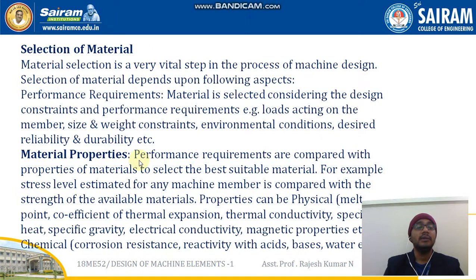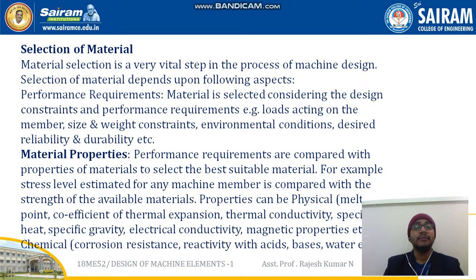The next one is material properties. Along with the selection of material, performance requirements are compared with the properties of materials to select the best suitable material. For example, the stress level estimated for any machine member is compared with the strength of the available materials.